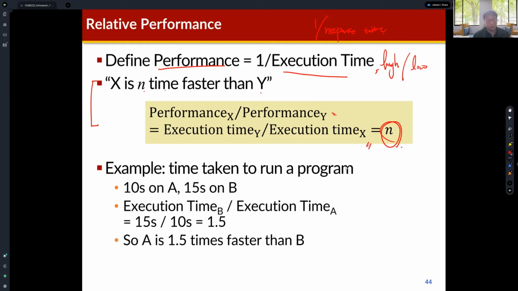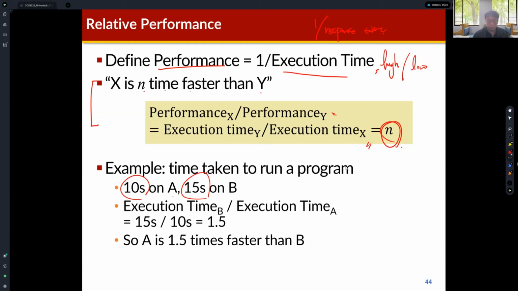It's the same application, the same program. It's run on different computer systems A and B, and it takes 10 seconds on A and 15 seconds on B. How can we compare the performance of systems A and B?